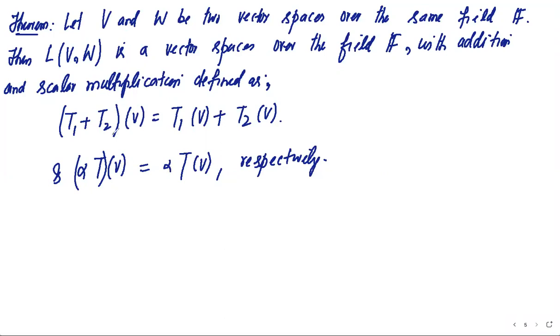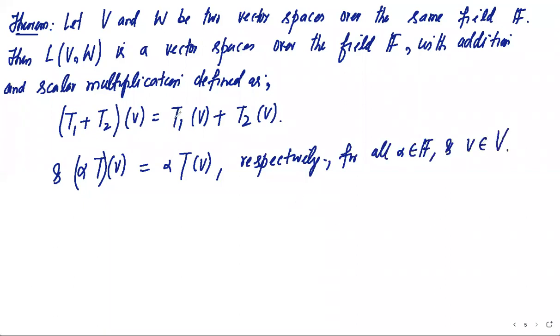This is the internal composition and this is the external composition. We also call this the addition of the vectors, and this is known as scalar multiplication, and this alpha is from F. Actually we should write here: for all alpha belonging to F and v belonging to V.